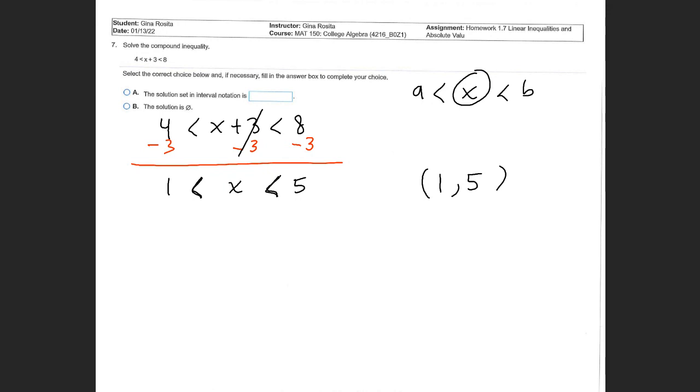Okay, now go to number 8. Solve the compound inequality. 3 less than 2x plus 1 less than or equal to 9. Remember, our goal is to isolate x in the middle.